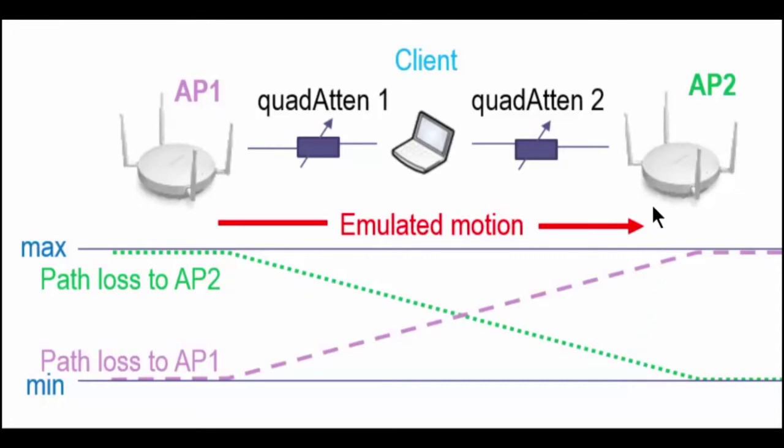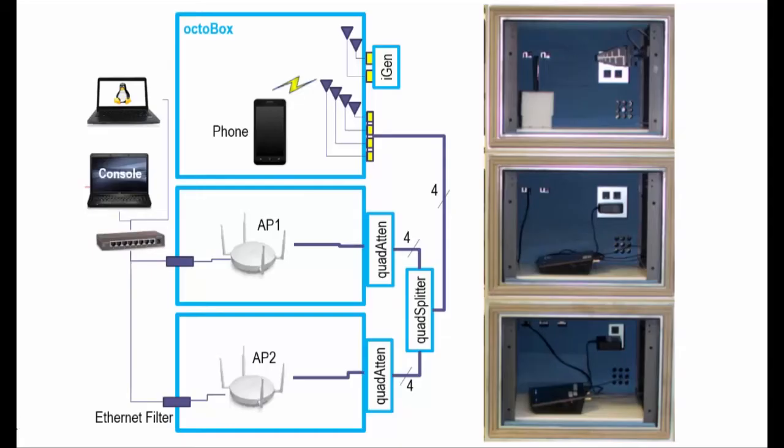At the same time, path loss between the client and access point 2 decreases, as the link to access point 1 is lost due to increasing client to access point 1 path loss. The client finds access point 2 and associates with it. If the client roaming algorithm is well implemented, the client will associate with access point 2 prior to losing the link with access point 1. After the roaming script completes, the software displays a plot of ping traffic versus attenuation and time.